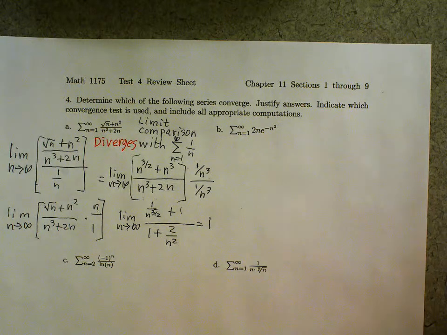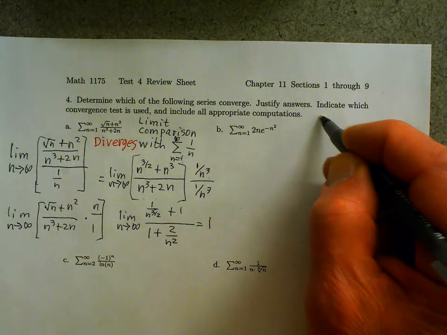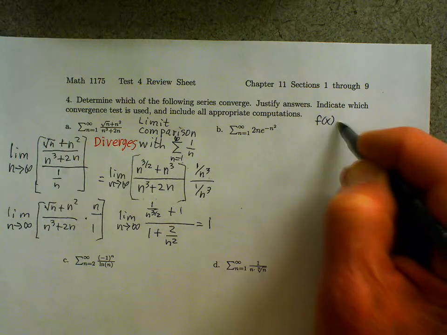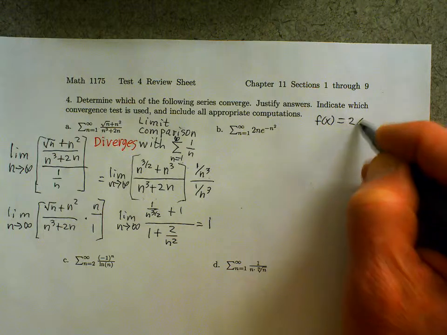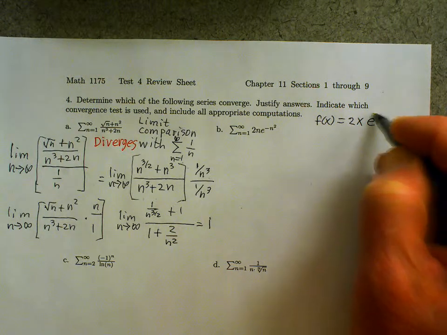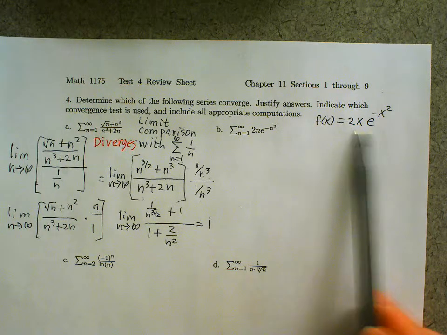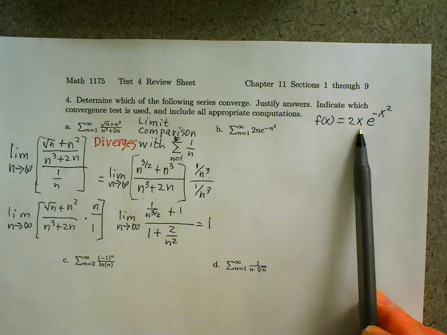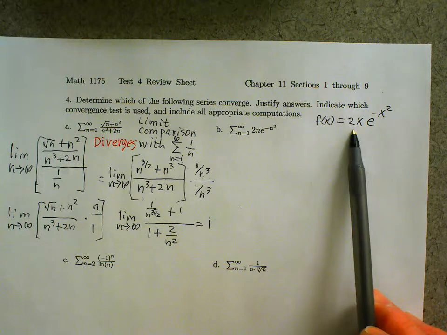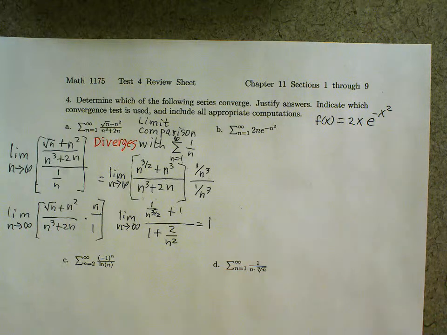This one, though, I'm thinking the integral test. If we think of this function f of x as 2x times e to the negative x squared, it's easy to show that this function f is positive for values of x from 1 to infinity, and it's also decreasing. And so the integral test can be used.